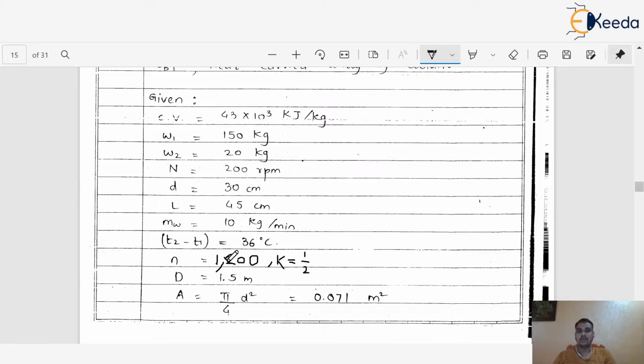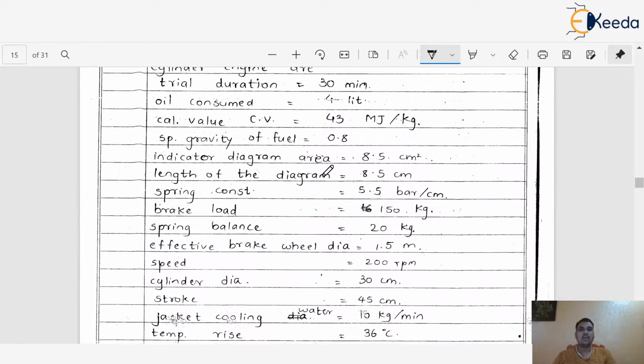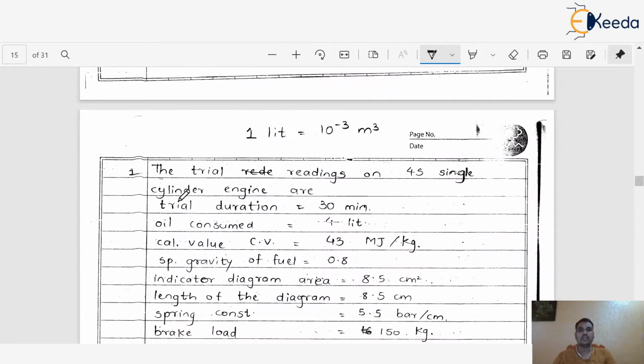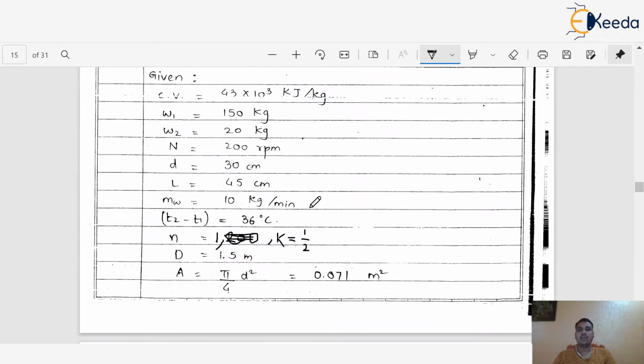We have already written the value of RPM, so there is no need to consider it again. Only consider the number of cylinders, which is 1, because it is already mentioned in the problem: 4-stroke single cylinder engine. Please consider these things.